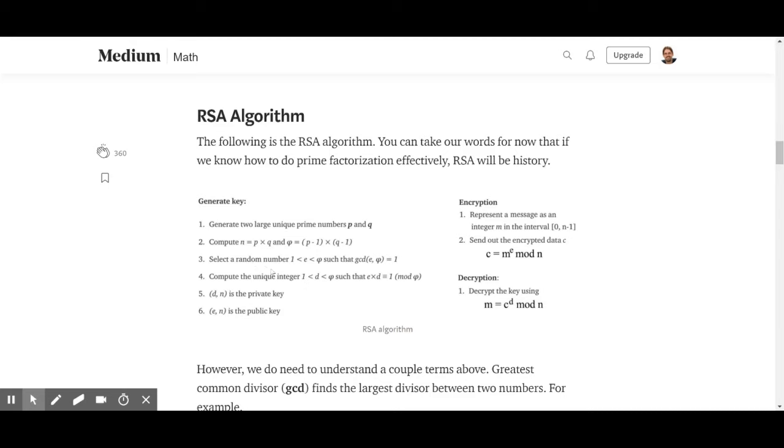Then you compute the unique integer d such that d times e equals 1 modulo this number.